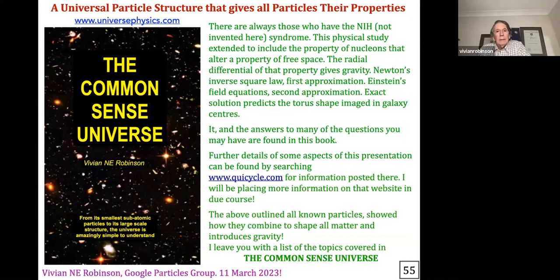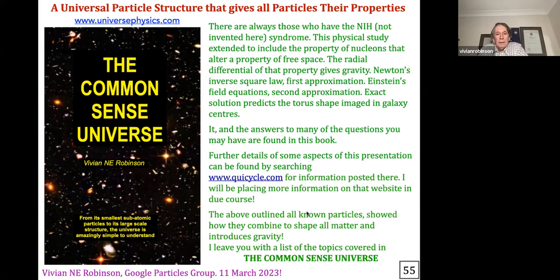Newton's inverse square law is the first approximation. Einstein's field equations are the second approximation. The exact solution predicts the torus shape that has been imaged in galaxy centers. It and many other answers that you may have can be found in this book. For further details on aspects of what I presented, go to the Quasical website.